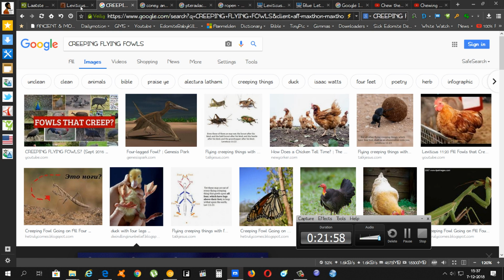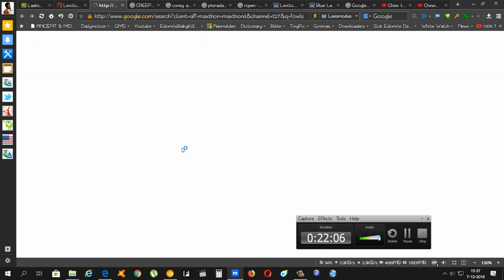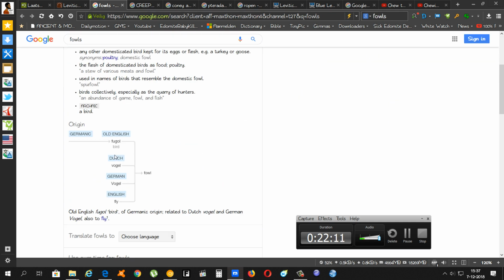Going on, right? All fowls that creep, all flying creatures that creep, because the word fowl basically goes into the word bird. It goes into the word from origin, Germanic, Old English, Vogel, the Dutch vogel, German vogel, English fly, and then it turned into fowl.